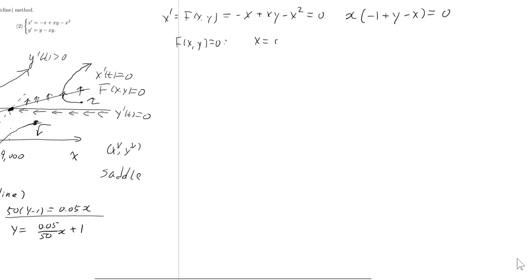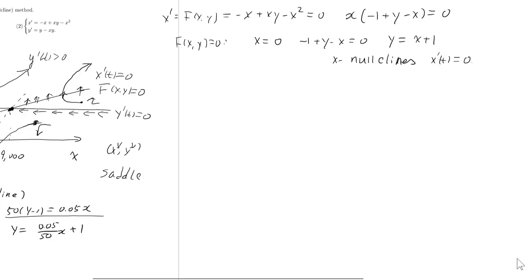One is x equal to 0, the other one is negative 1 plus y minus x is equal to 0, or you can say y is equal to x plus 1. And these are called x nullclines because along these lines x prime of t is equal to 0.